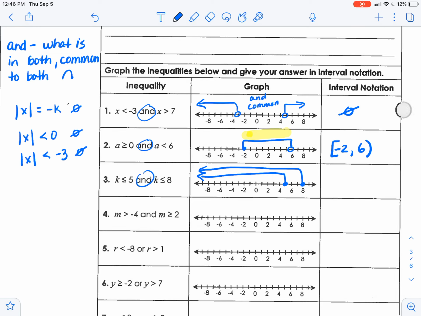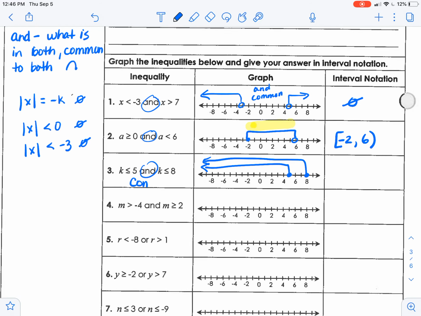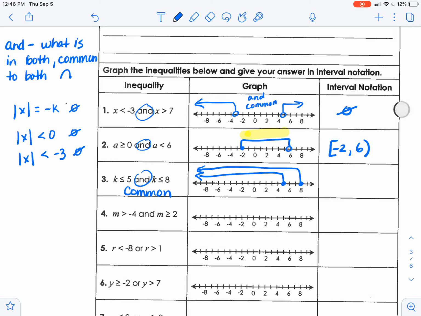And when I look at this, again, I want to know what these two graphs have in common. Well, hopefully you notice that the only numbers they're going to have in common start at 5, but go on in the negative direction. So again, this is another one of those. We have to rewrite the answer.